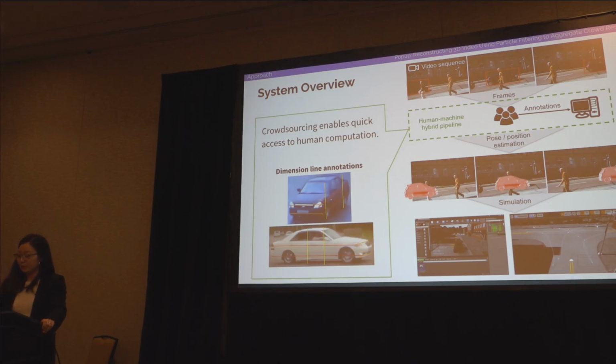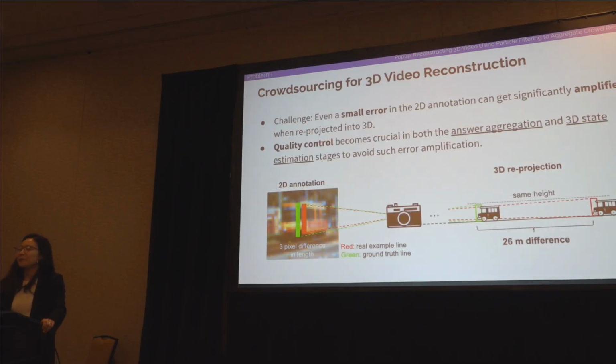Are we just good to go? Unfortunately, there is still a severe challenge remaining, and it's about the accuracy of the final reconstructed 3D scenes. Even a small error in the 2D annotation can get significantly amplified when we reproject it into the 3D domain.